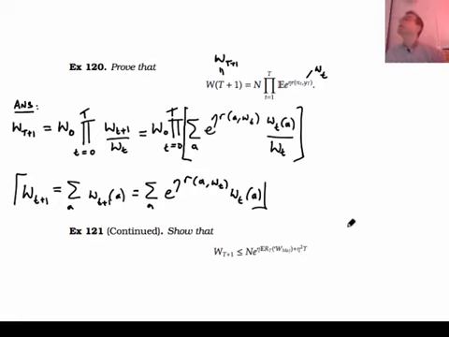All right? And w t of A divided by W t, what's that? If you can remember from before. Yeah, it's the probability that in round t, I choose A. Okay?